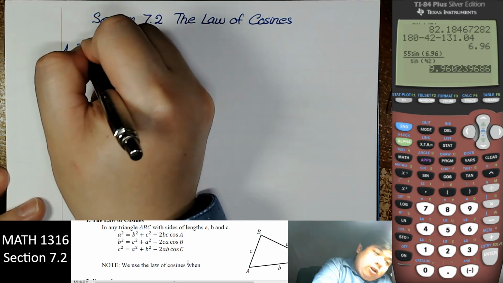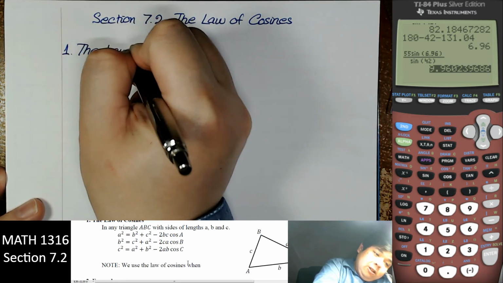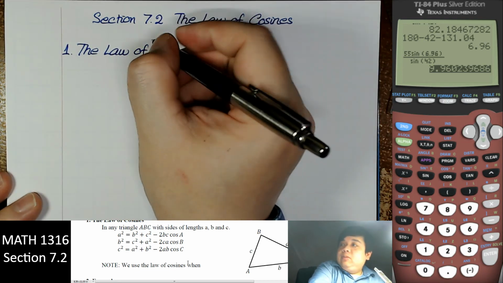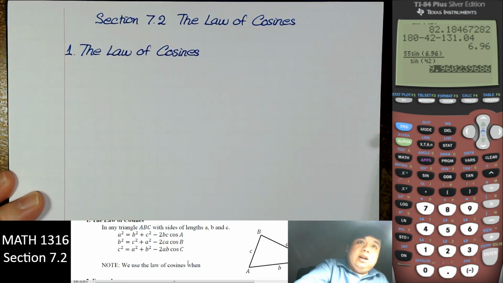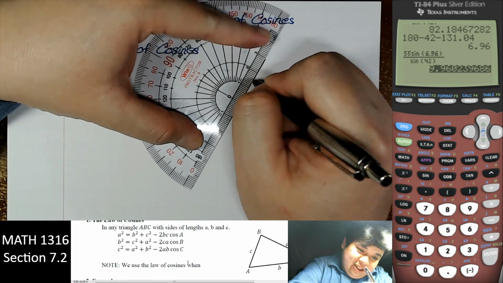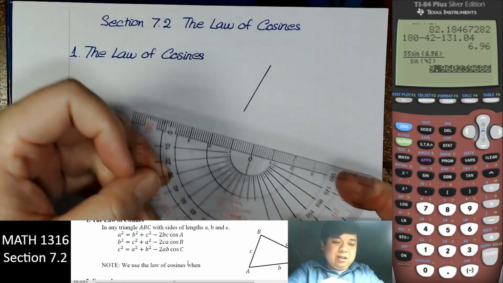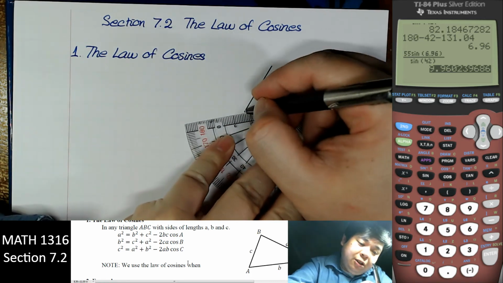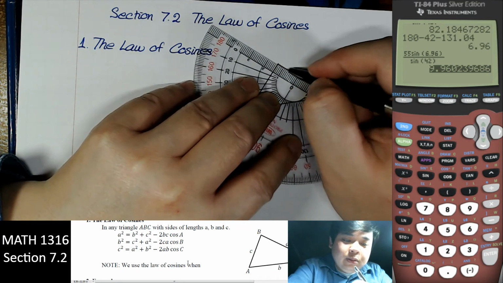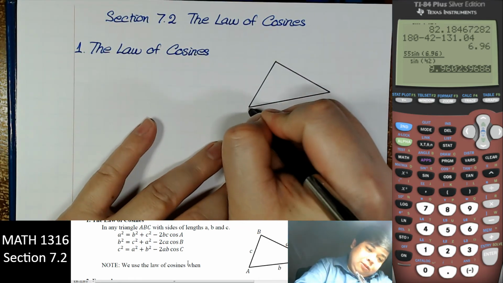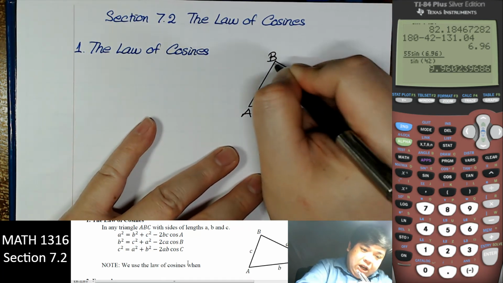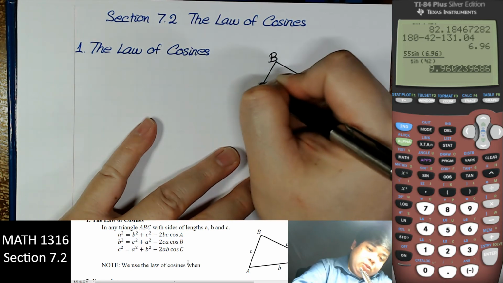So the law of cosines. I'm just going to draw a triangle, kind of generic. Opposite to big A is little a, opposite to big B is little b, opposite to big C is little c.